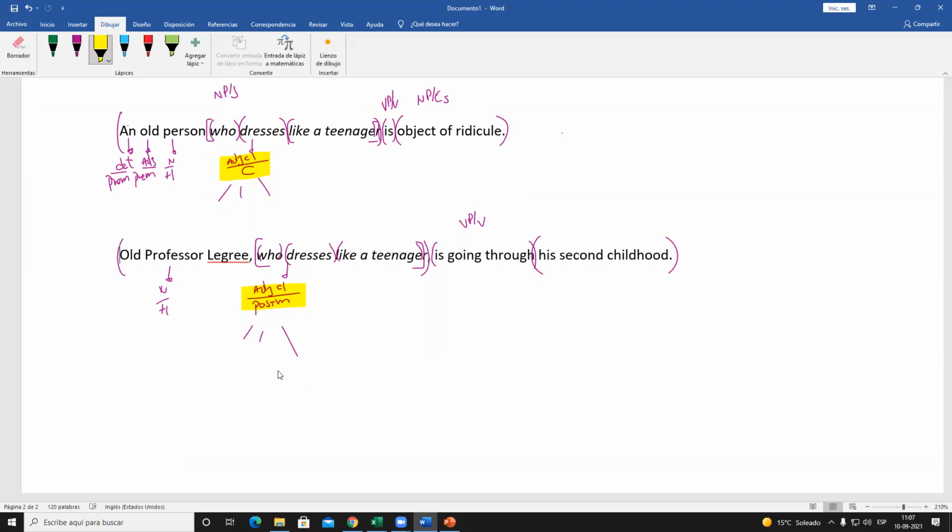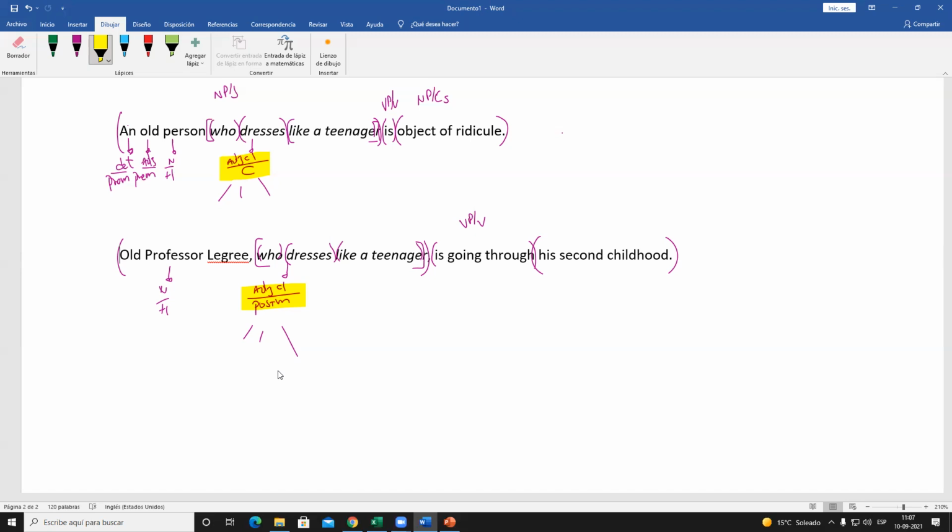Ahora voy a eliminar la adjective clause. An old person is object of ridicule. ¿Cambia el sentido de la oración? Sí cambia, pero siento que si sacamos el who dresses like a teenager in the second one, también cambia un poco el sentido, igual que en la otra. O sea, entiendo que cambia menos, pero no es tan obvio para mí entenderlo. Ya, cambia menos, sí, te la doy.